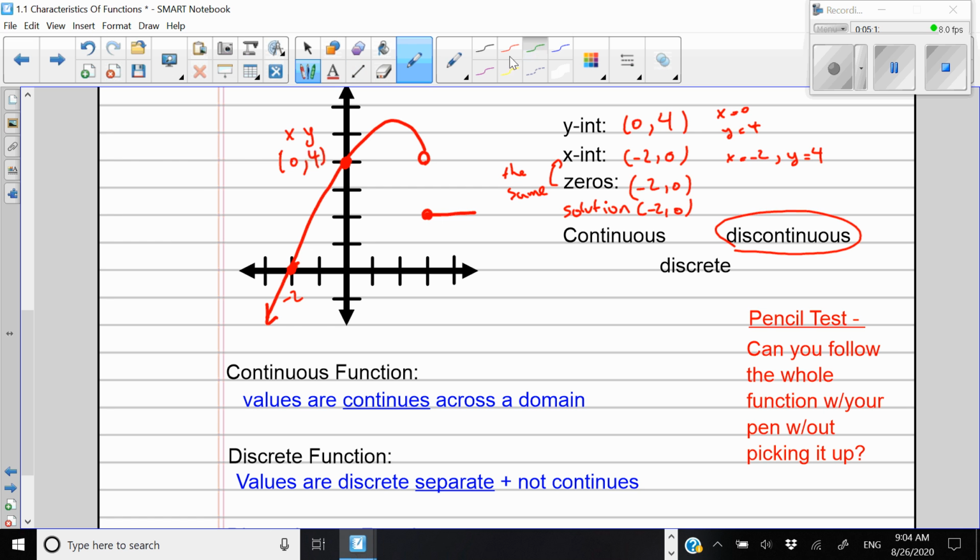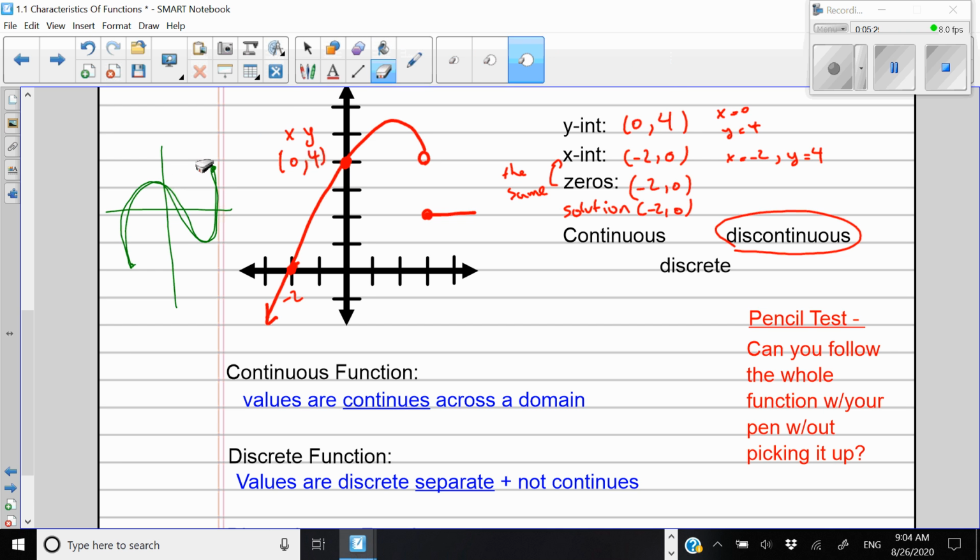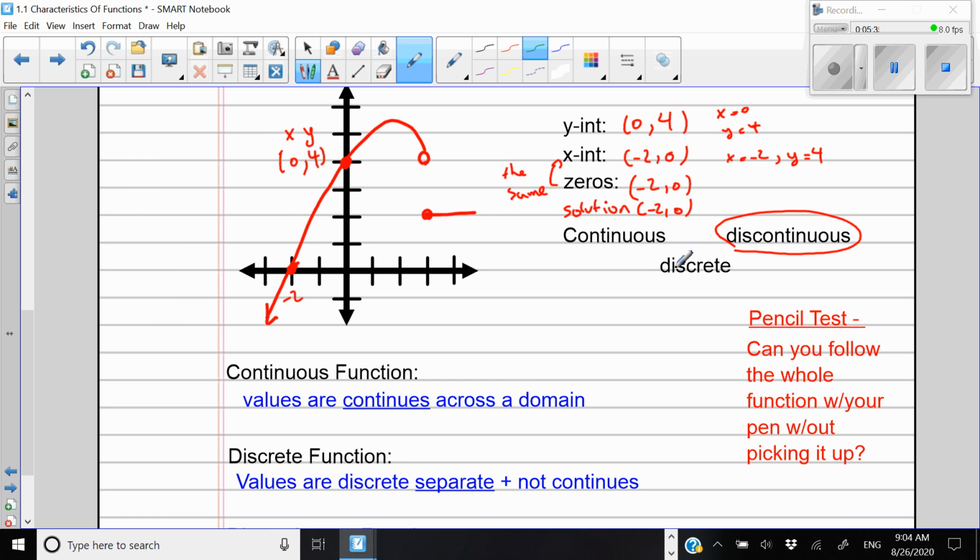For example, let me show you another example over here. If this is my graph, I'm starting from here and just following this path and going to the end. I didn't have to pick up my pen. So that means this function, or this relation, is continuous. We'll talk about discrete later.